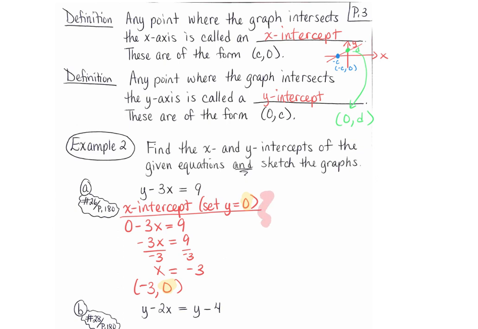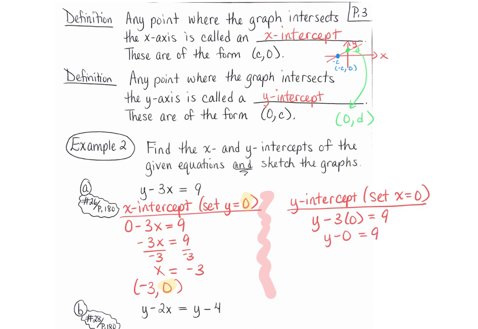Now, we need to find our y-intercept. And guess what we're going to do? We're going to set x equal to 0, and we're going to solve. Setting x equal to 0 in our equation gives us y minus 3 times 0 equals 9, or y minus 0 equals 9, which means y equals 9. Which means our y-intercept has the ordered pair 0, comma 9.